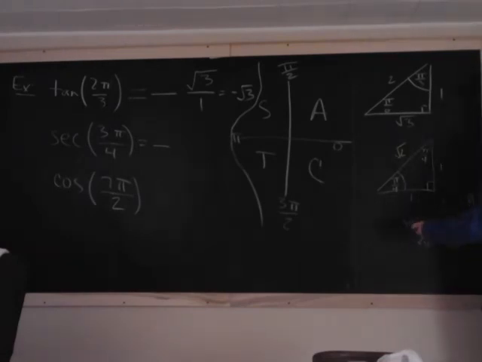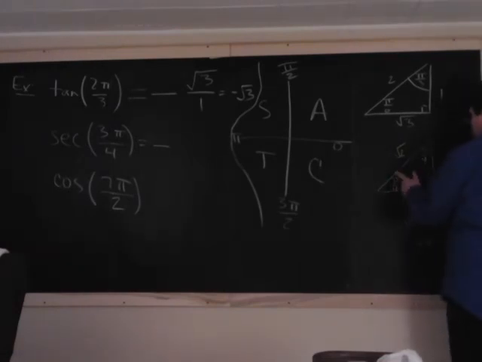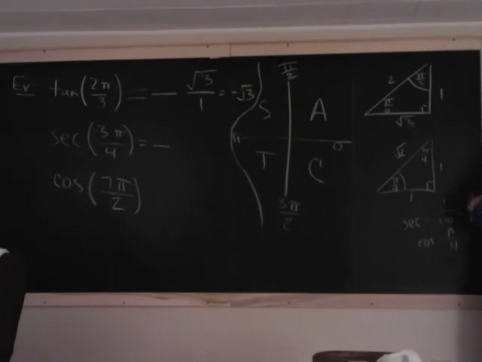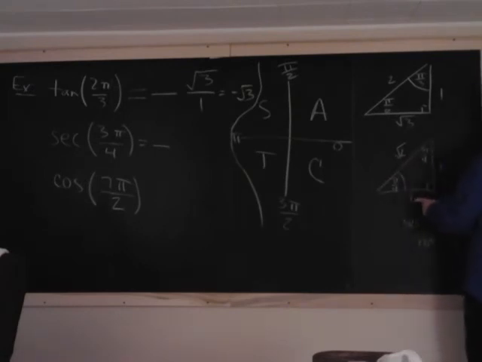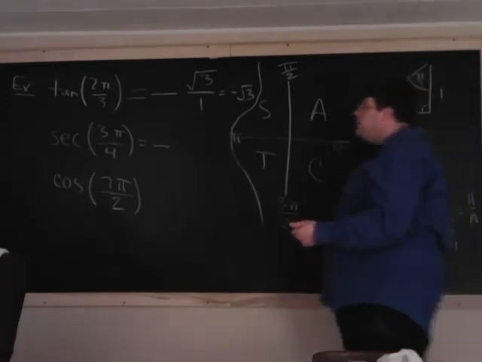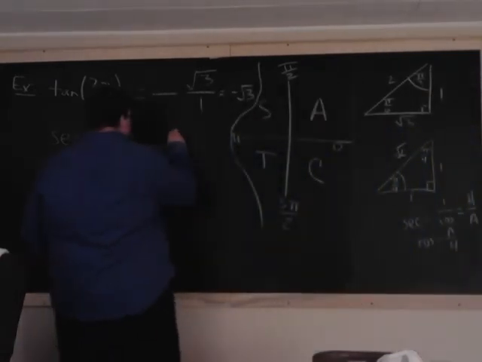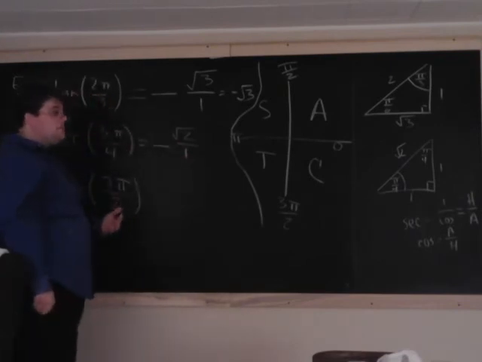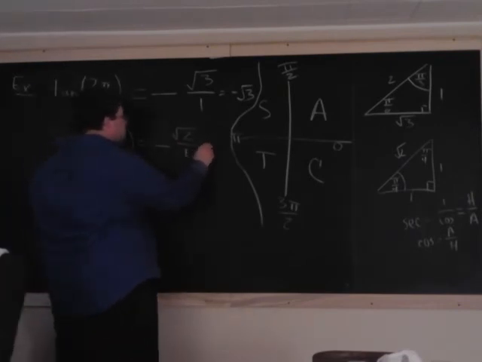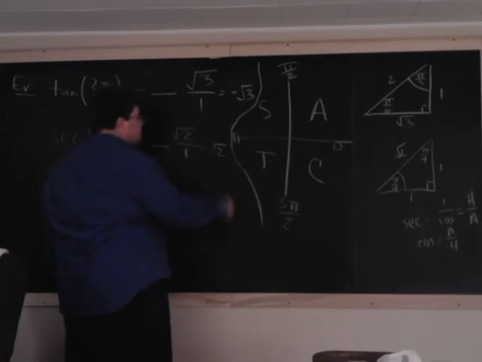So we want secant of pi over 4. We want hypotenuse over adjacent of pi over 4. Hypotenuse is root 2. Adjacent is 1. So we have root 2 over 1 from the triangle. We have negative from the quadrant. And of course, this simplifies to negative root 2.